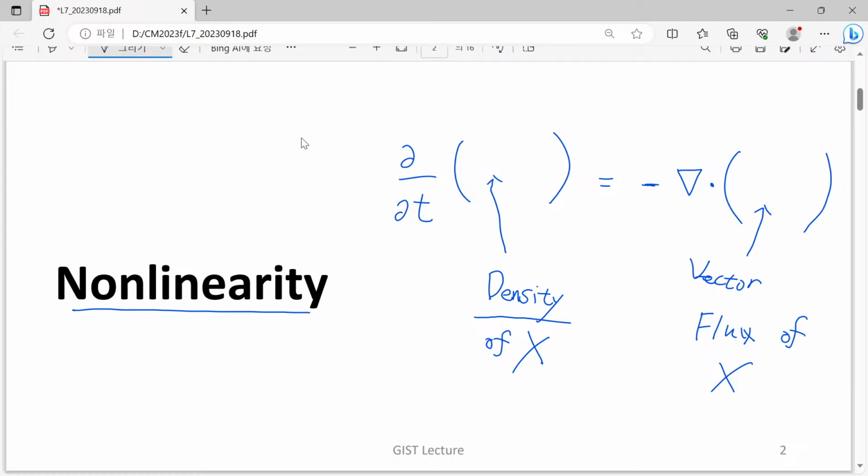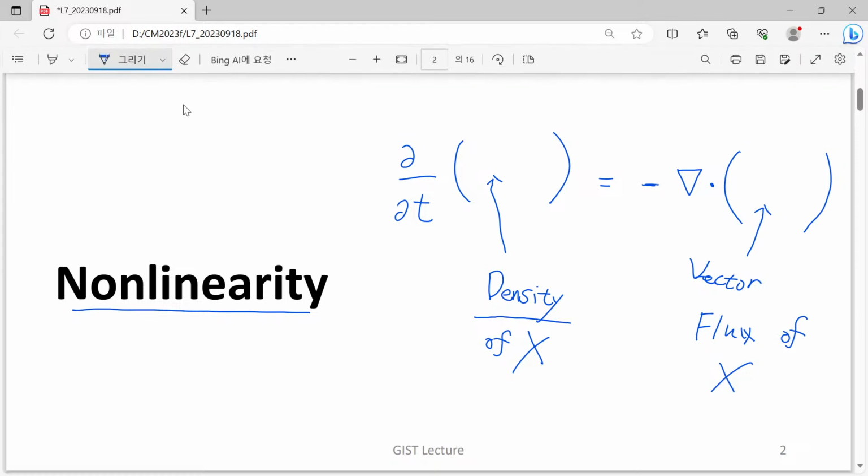So which continuity equations will we consider in this course? The first one is the dopant. For example, in the case of arsenic, we can consider arsenic concentration. The time derivative of arsenic concentration can be written as the flux of arsenic dopants.